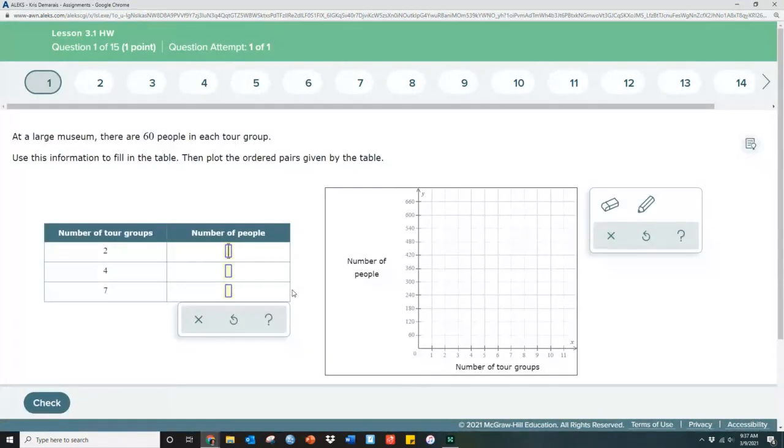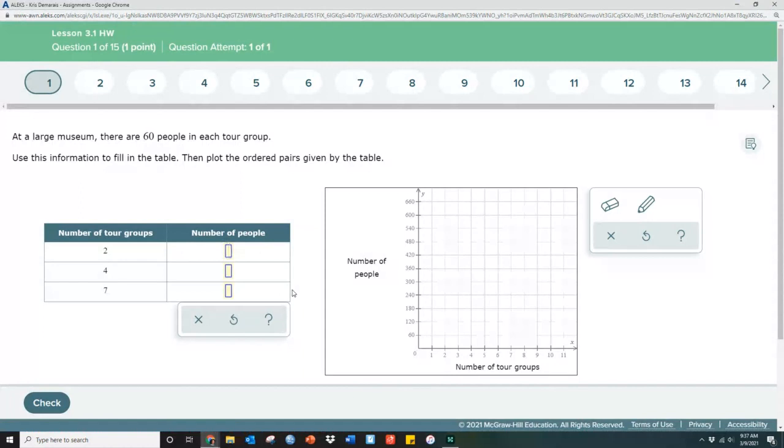All right, now we've kind of covered this a little bit with the input and output section, where it says it wants to know the number of tours, tour groups. What are the number of people if we have 2 tour groups? Well, each tour has 60 people.